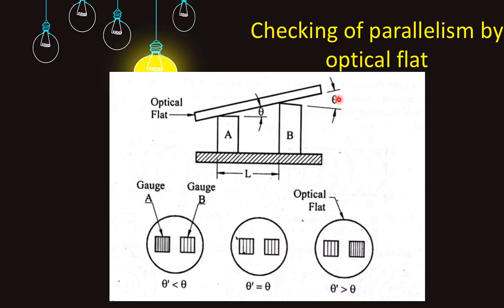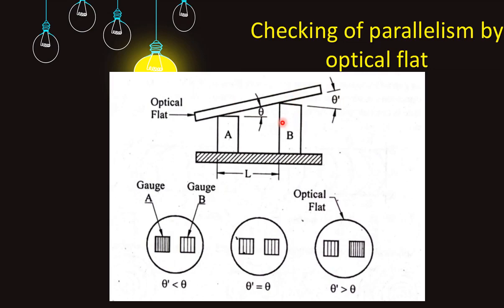Here the angle theta and this angle theta dash will be similar if both are perfectly parallel. In such cases, the number of fringes seen on both surfaces will be equal. If angle theta and theta dash are equal, then the number of fringes seen at this surface and at this surface will be equal.